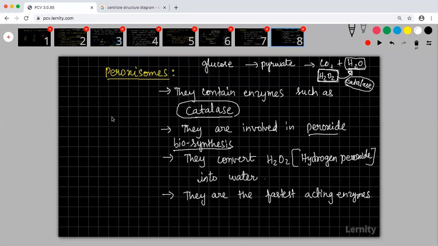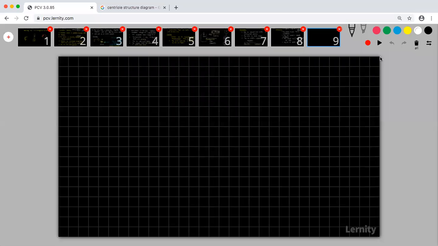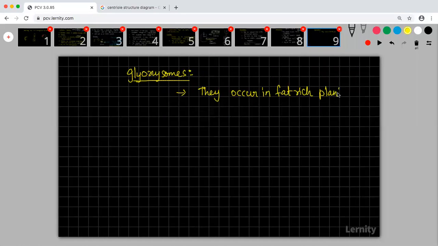Okay, and then the next and last one is glyoxysomes. They occur in fat-rich plant cells.